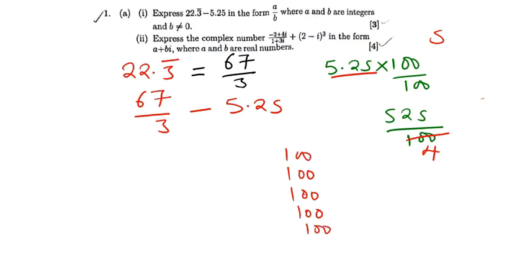So in each 100, the 25 is going there how many times? 4 times. So we can divide each 100 by 25, 4 times. The hundreds are 5, so 5 times 4, that's 20, plus the extra 25 gives 21. So we have 21 over 4.